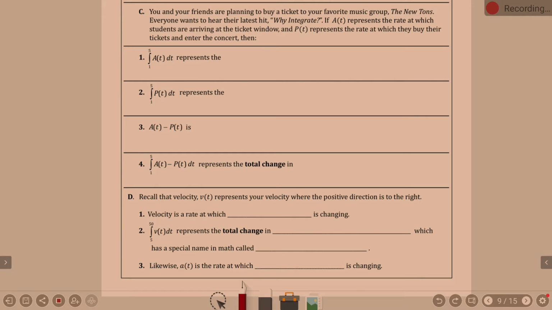How did I put it here? Number of students arriving to get in line from 1 to 5 minutes.